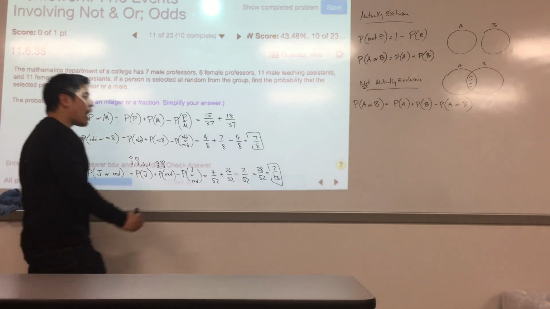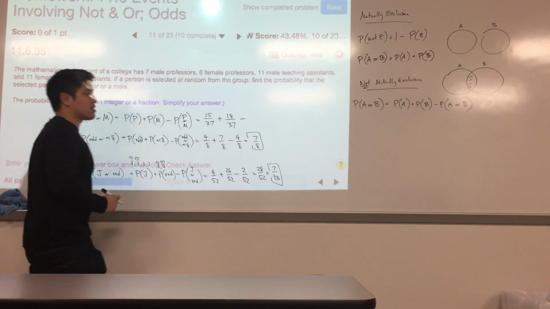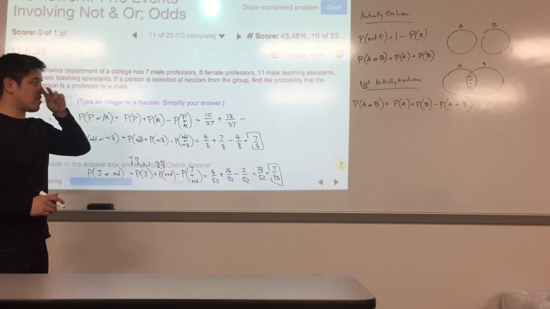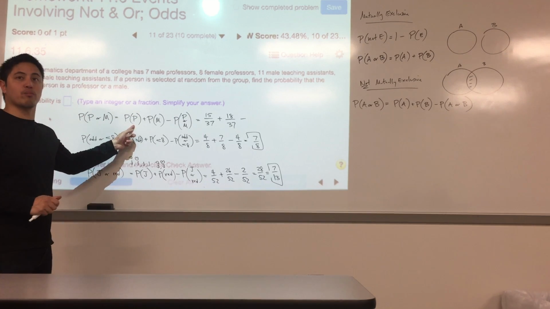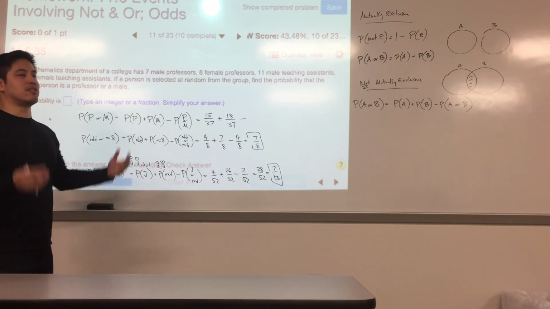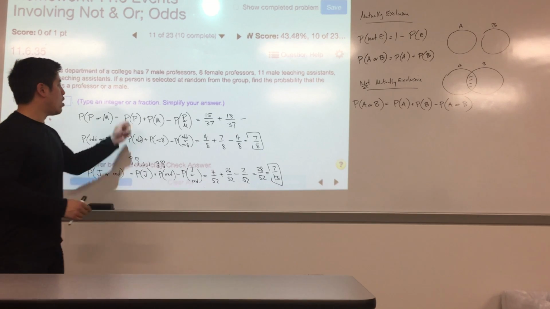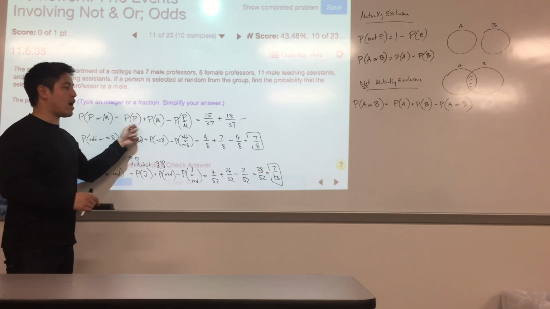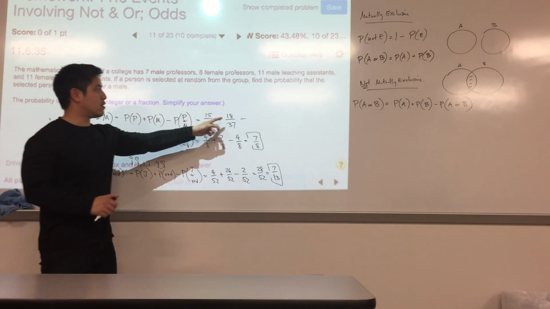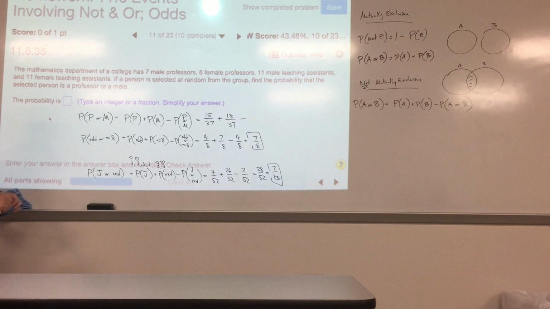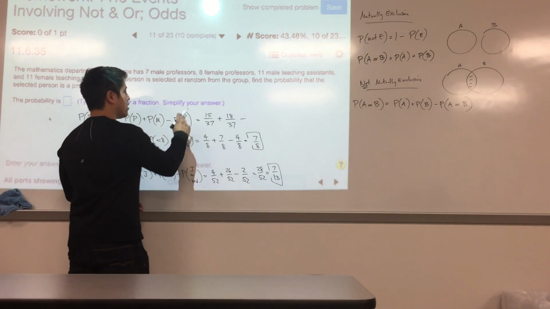Okay. Now, because this is not mutually exclusive, there's overlap. There are professors that are both male and female, right? We need to take out the double counting. We don't want to count males twice here that we shouldn't. How many professors are at the same time male? 7.